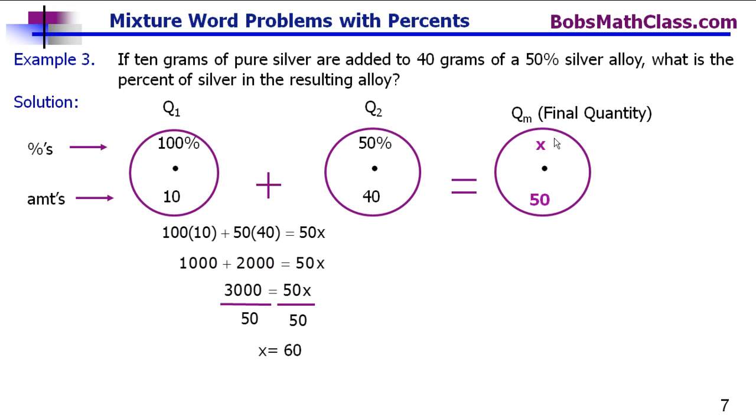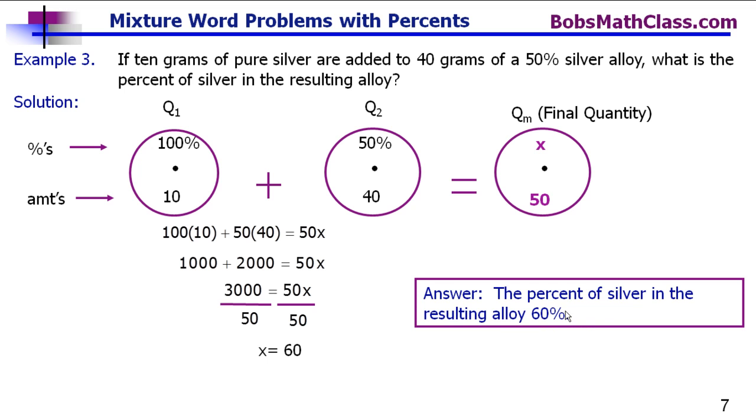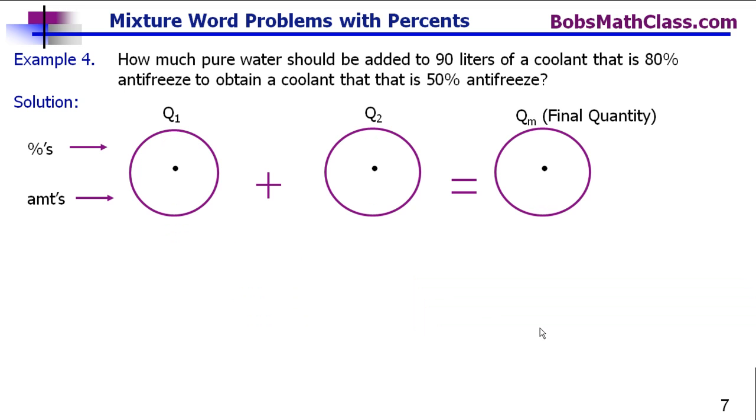Well, it's up here with a percent, so that's a percent. The percent of silver in the resulting alloy is 60%. Does that sound right? 60% in between 100 and 50? Yeah, definitely. So the answer is 60%. All right, one more example.